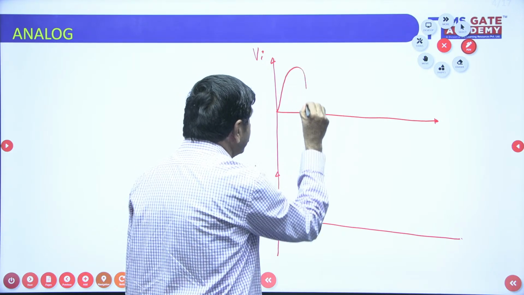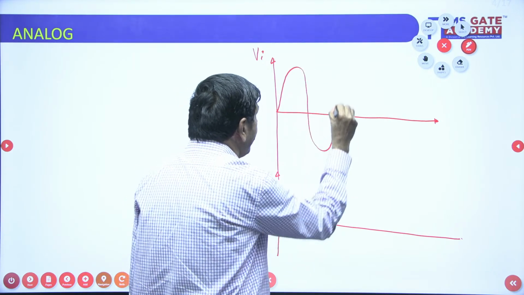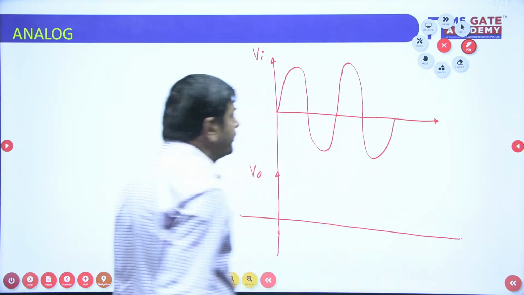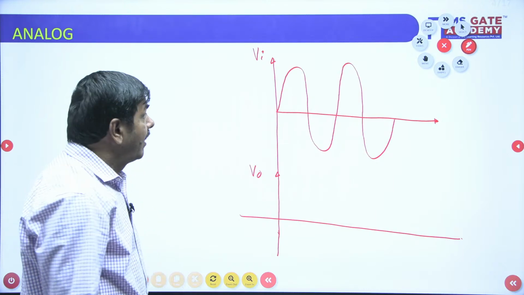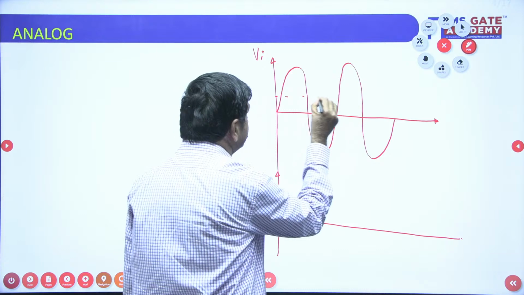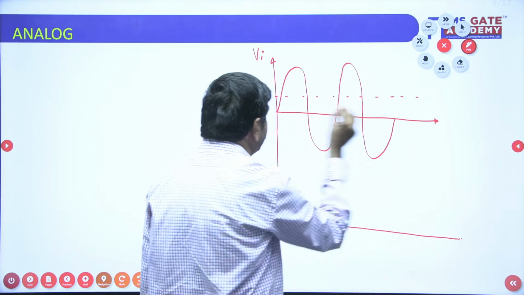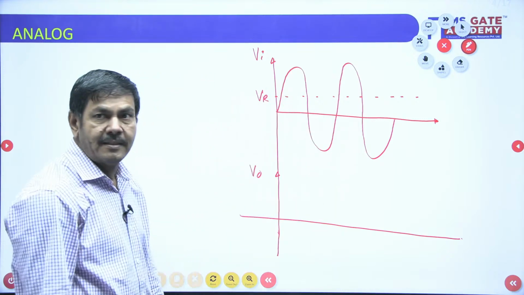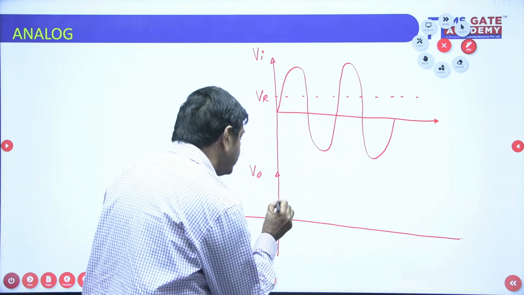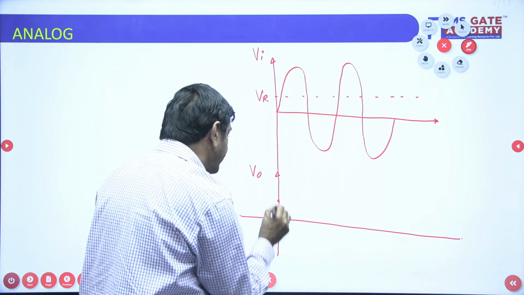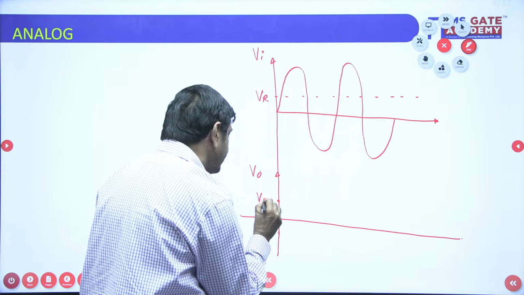Like that, the input waveform is given. How is the shape of the output possible? There is one reference voltage Vr, a positive potential. The same Vr I want to note on the V0 axis. This is Vr.